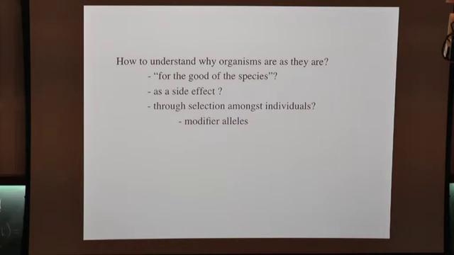It's not that anyone thinks these modifier alleles necessarily really exist, but you're thinking, suppose a new variant came into a population, a particular allele, a particular gene, which, let's say, increased the rate of sexual reproduction or increased the mutation rate or changed some other feature. So a modifier, in its purest form, has no effect except to change the particular feature you're interested in. And you ask, would that allele increase in the population or would it decrease?